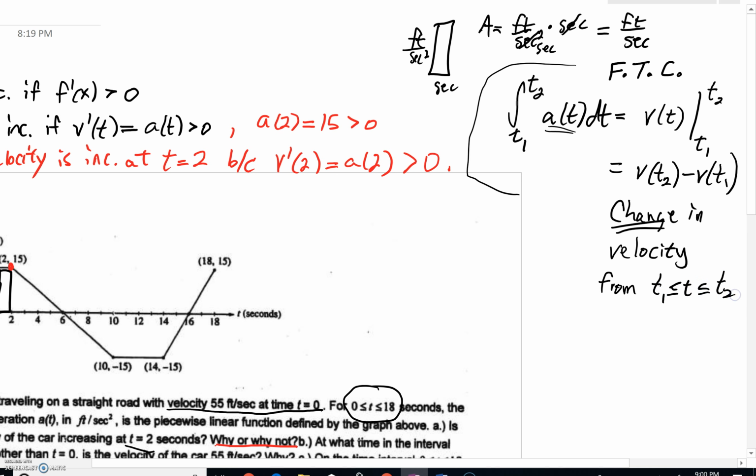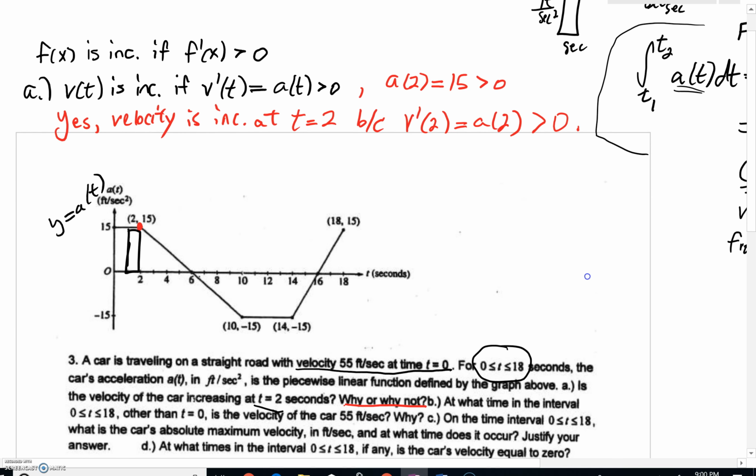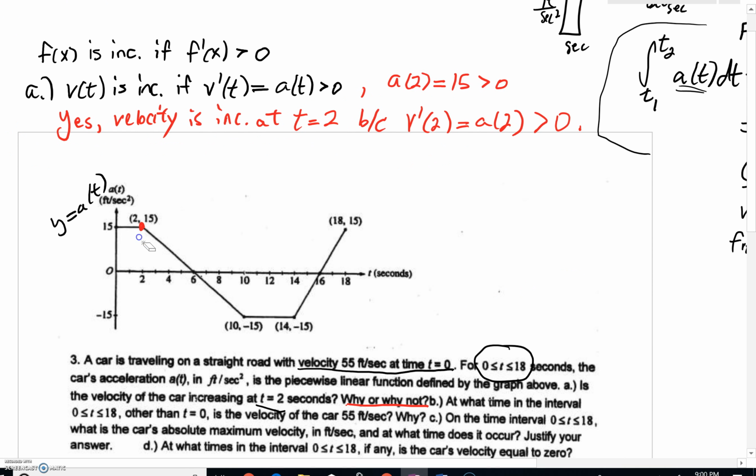So as we go that number of seconds, this is how our velocity would change. Obviously, your area could be positive, in which case you'd have a positive change. Your velocity would increase. Your area could be negative just as well, in which case your velocity would be decreasing.